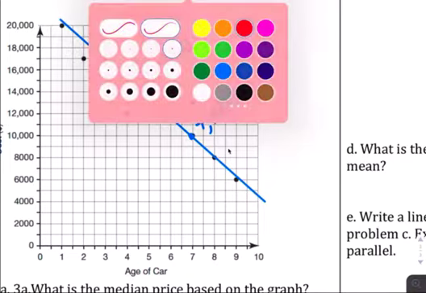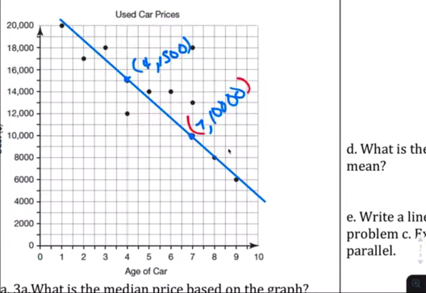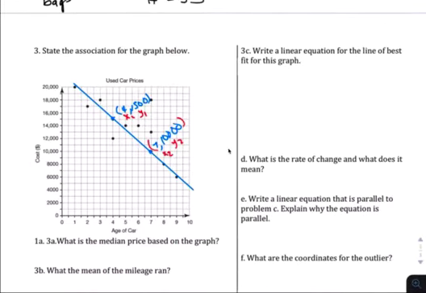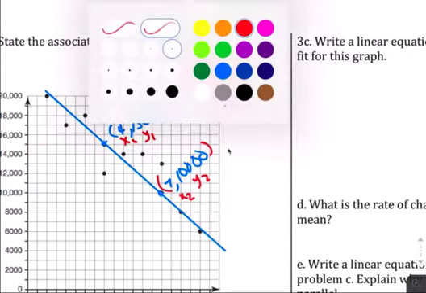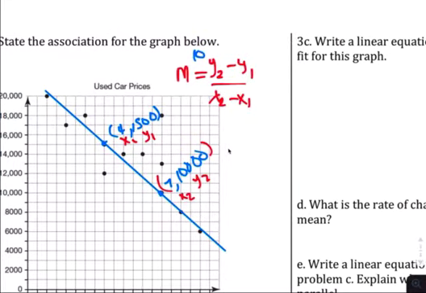This is x sub 1, y sub 1, x sub 2, y sub 2. Okay, so your slopes can be negative because it's going down. So first do slope: y sub 2 minus y sub 1 over x sub 2 minus x sub 1. Y sub 2 is 10,000 minus y sub 1, which is 15,000.